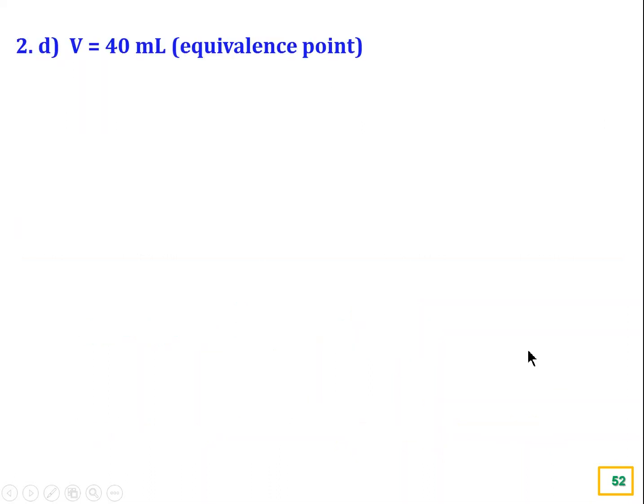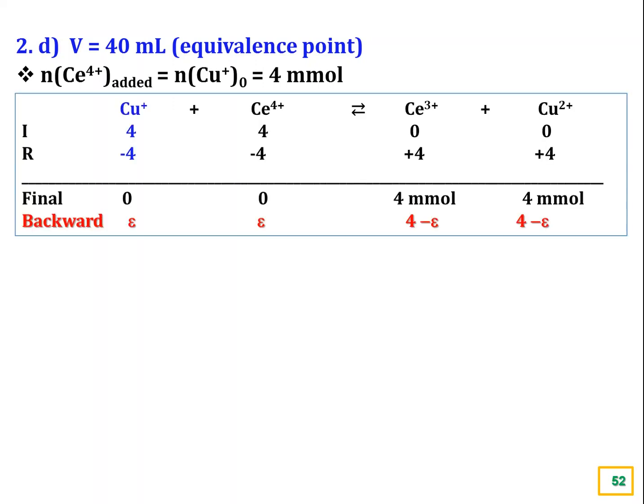For a volume equal to 40 milliliters, this is the equivalence point, and at equivalence, the number of moles of cerium added is equal to the number of moles of Cu initial, 4 millimoles. So we construct the table of conversion, and in this case, we have 4 Cu+, 4 Ce4+, 0, 0.